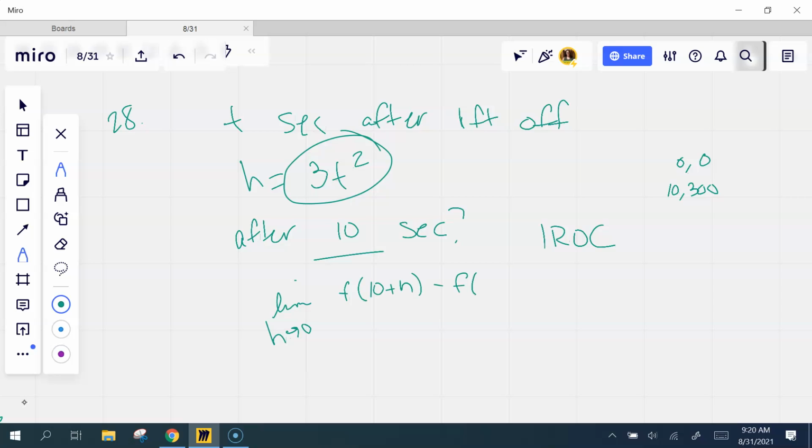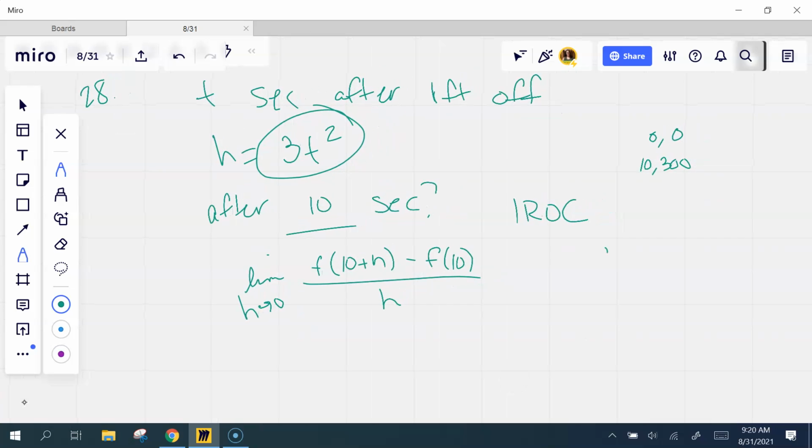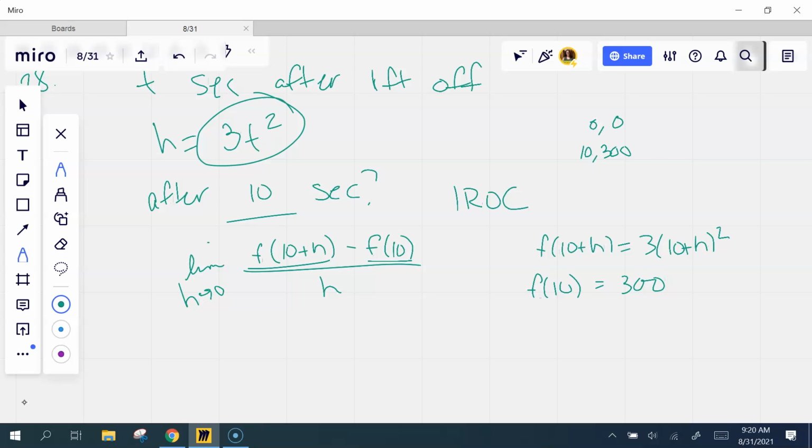I would do this algebraically because that's what you're going to have to show with your other stuff. So in other words, f of 10 plus h is 3 times 10 plus h squared. And f of 10, I'm just replacing these values here. I'm just doing it off on the side. This is getting confusing because they used h to define here.